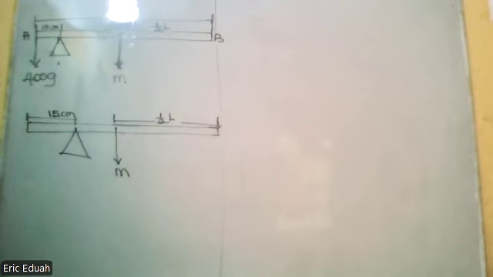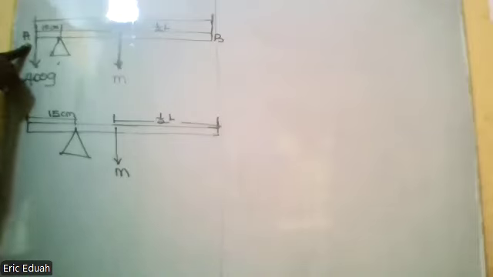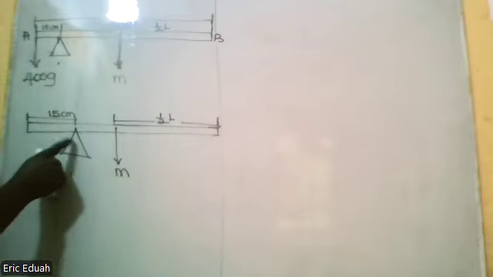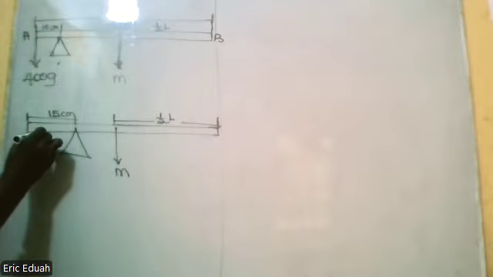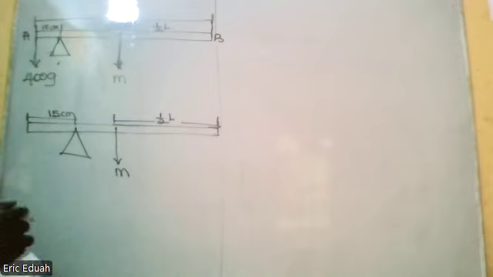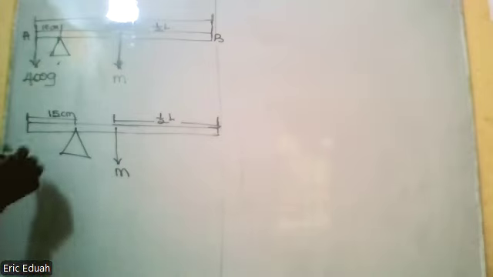When the knife edge is moved 5 centimeters, the object has to be moved to 9 centimeters from A for the stick to balance. Before, the object was just at the end. But when we move the pivot 5 centimeters further, its position has to be 9 centimeters from A for the stick to balance.